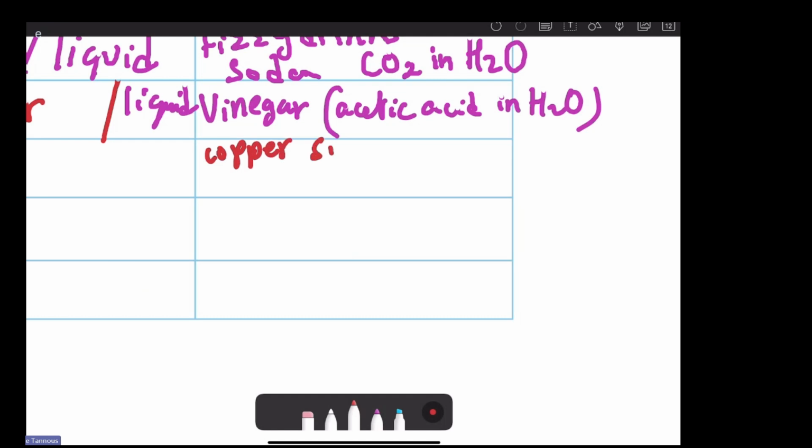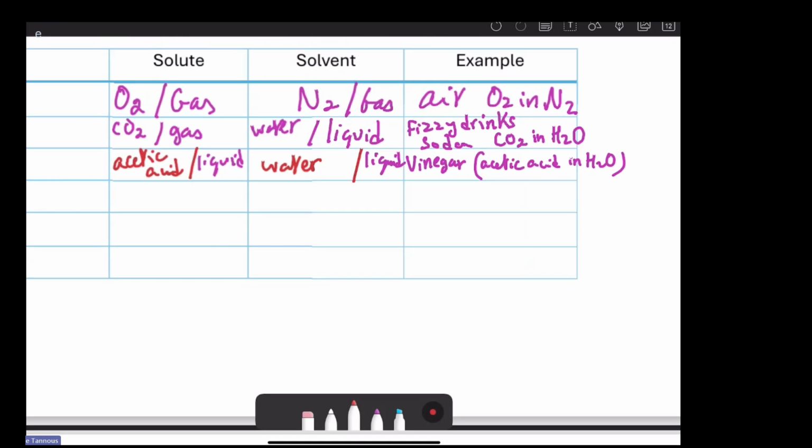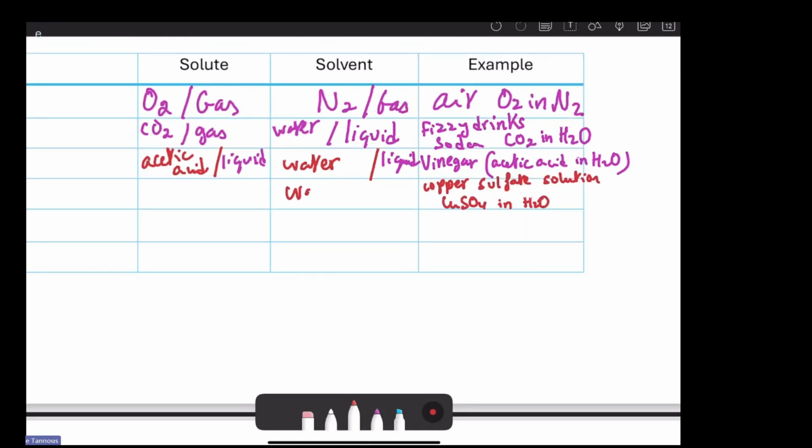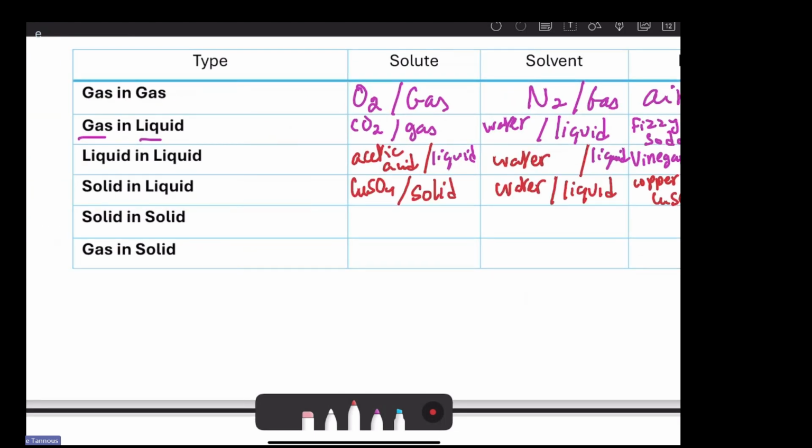Copper sulfate solution, which is CuSO4 in water. So again, the water is the solvent, which is liquid, and the copper sulfate is a blue solid crystal. So it's solid.